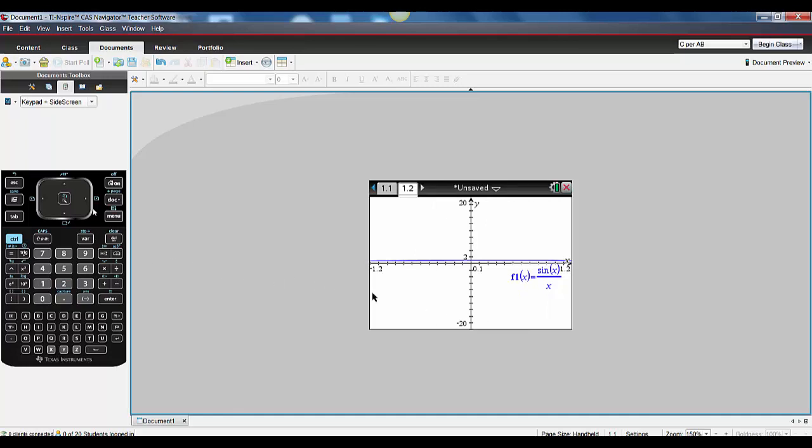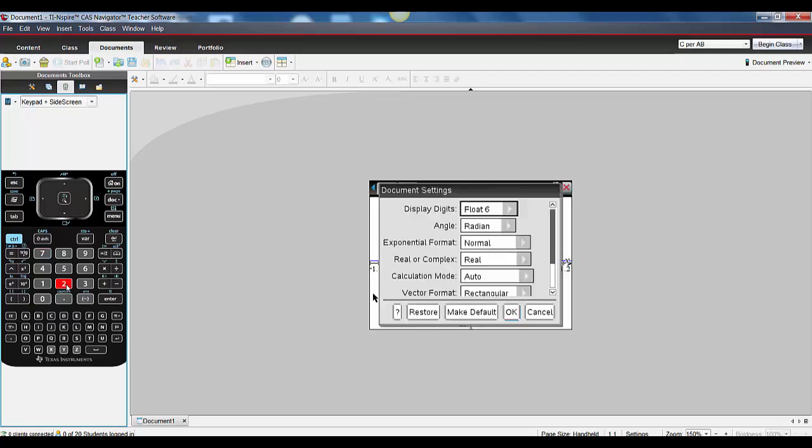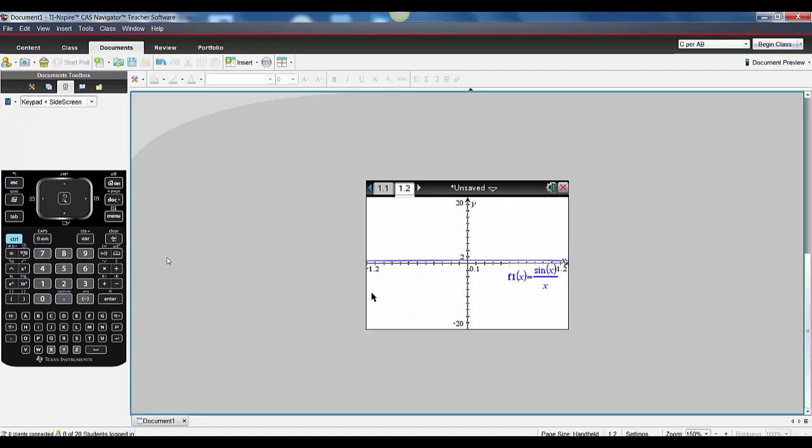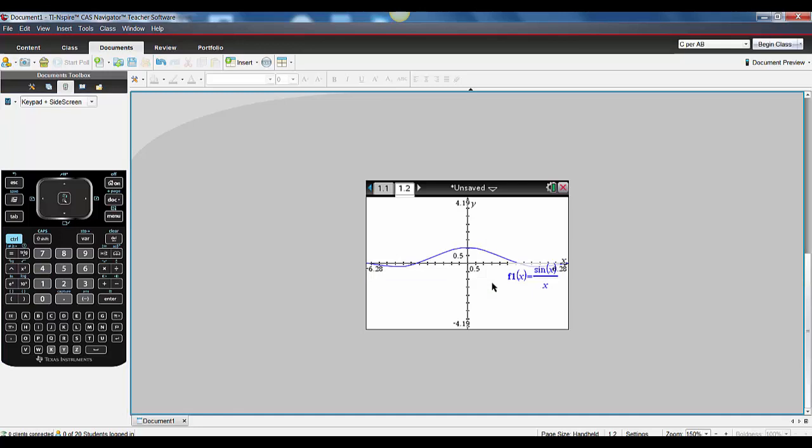I know exactly what the problem is. We are in the wrong mode. Okay, so doc 7.2, and I'll bet you this, well, it is in radians. All right. I'm going to go back, and I'm just going to leave it at that original zoom trig graph.